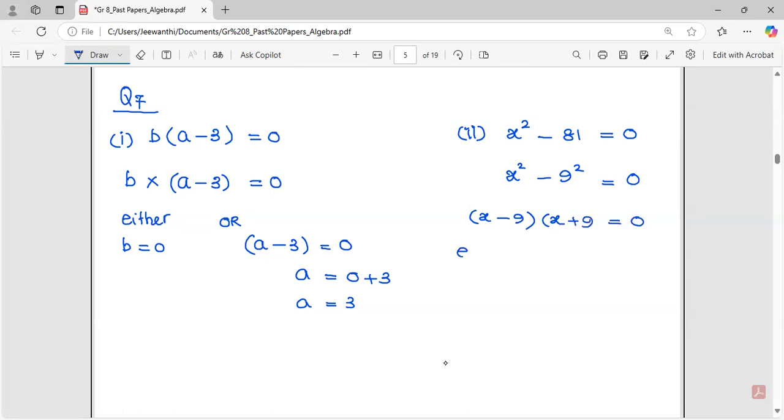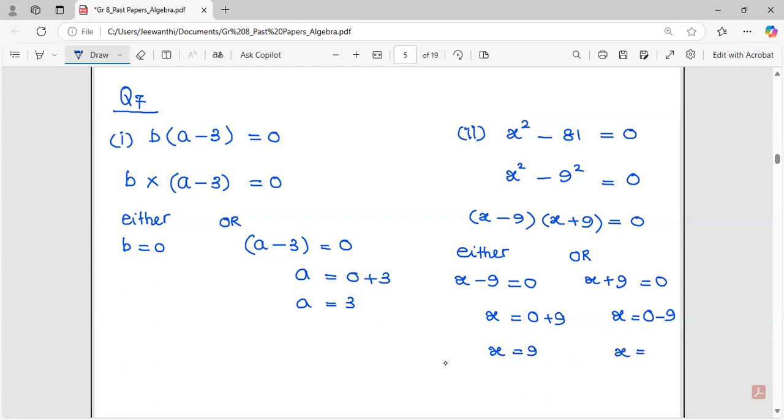To get the 0, we know either the first bracket, x minus 9, should be equal to 0, or the second bracket, x plus 9, should be equal to 0. So here x is equal to 0 plus 9, so x is equal to 9. And here x is equal to 0 minus 9, so x is equal to minus 9.